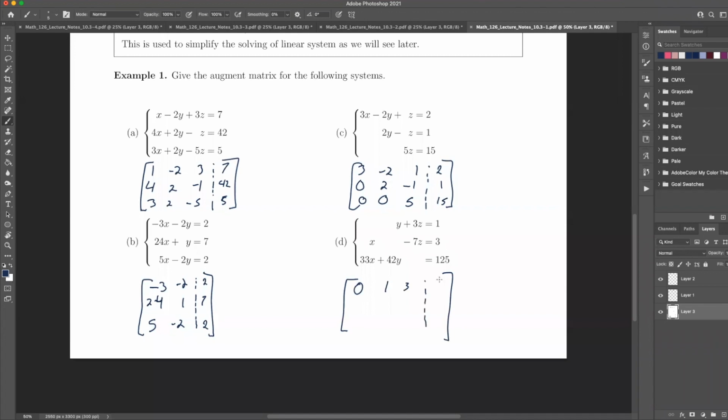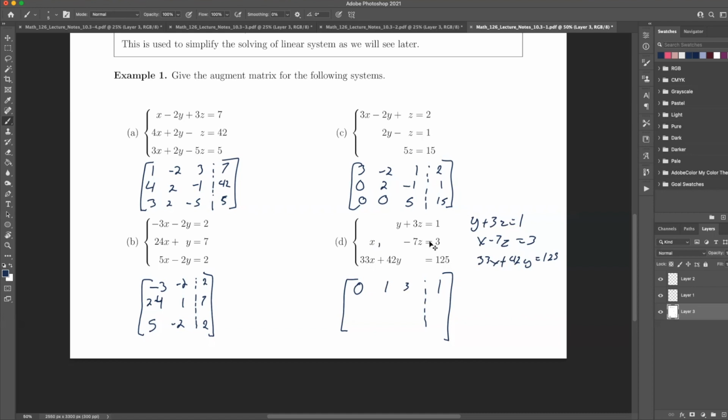If this was written as y plus 3z equal to 1, x minus 7z equal to 3, and 33x plus 42y equal to 125, there might be a tendency just to write the first coefficients as 1, 1, 1, 33, and then 3, -7, 42. But notice you need to make sure your x's are in the first column, the y's in the second column, the z's in the third column, since we have 3 different variables here.